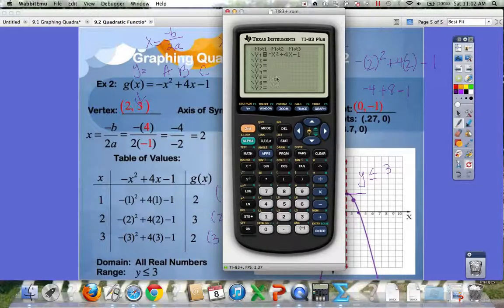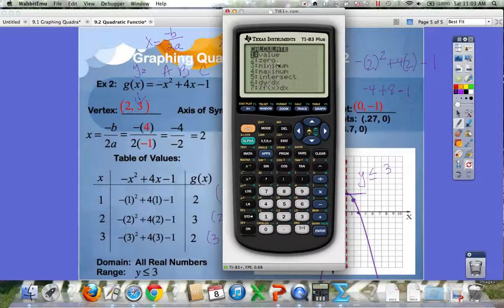Okay, there you go. There's your function. You're going to be graphing it. Then we're going to be finding where it crosses the x-axis, specifically that point right there and that point right there.